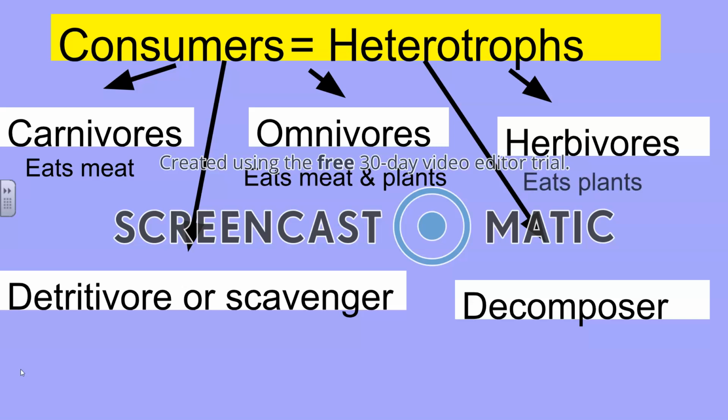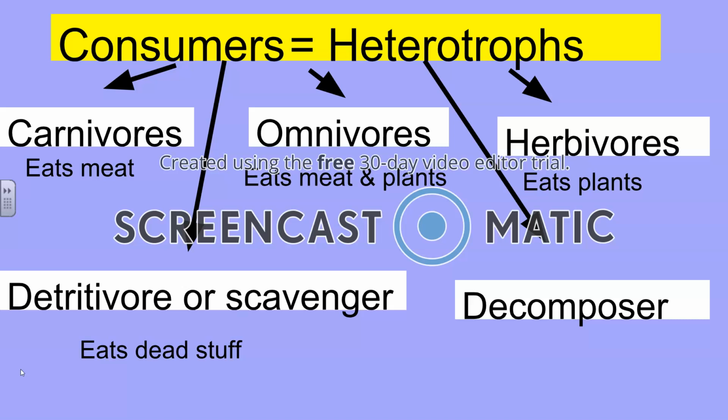Herbivores eat only plants. What would be an example of that? Turtles, vegetarians for humans, yes. So humans can actually change because you might have some that are, but as a group, we are mostly omnivores. But some people are vegan or vegetarian and they want to only eat plants, so they're going to be herbivores. All right, detritivores are scavengers that eat dead stuff.